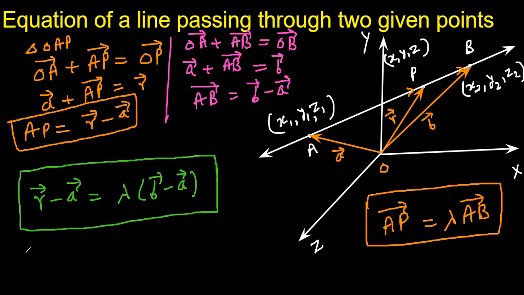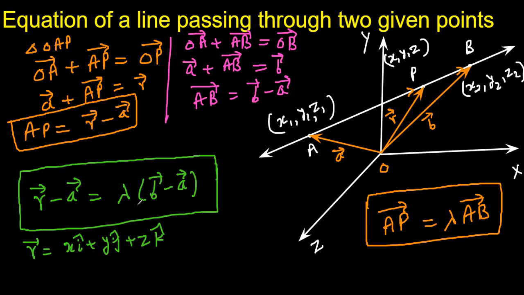Now if you want to change this into Cartesian form, that's very easy. You simply substitute these values. In place of small r, you write x i cap plus y j cap plus z k cap.